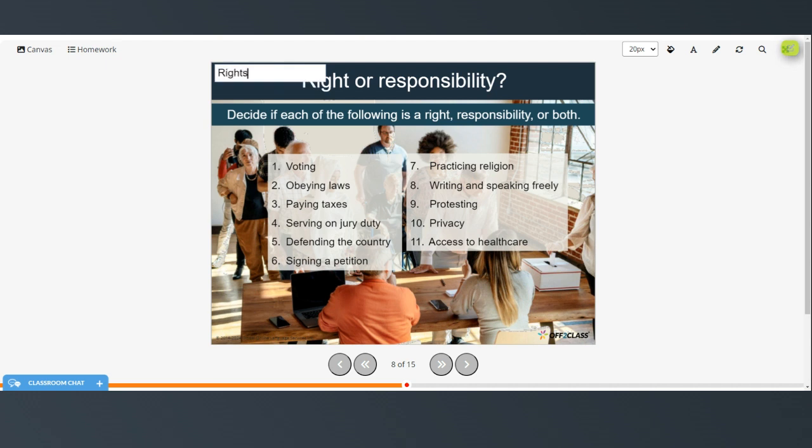So rights here, we'll put responsibility. And both. All right, so voting is definitely a right. Obeying laws would be a responsibility.